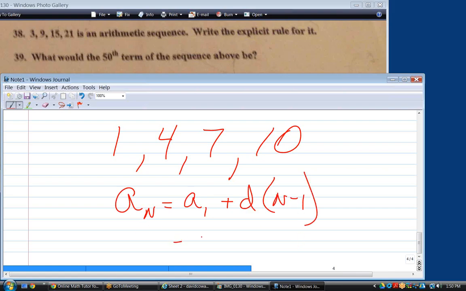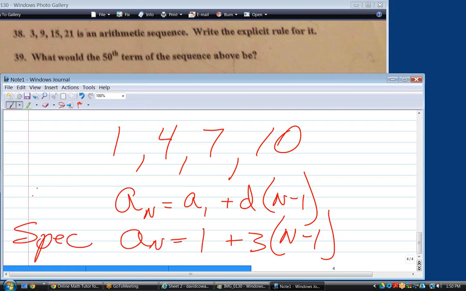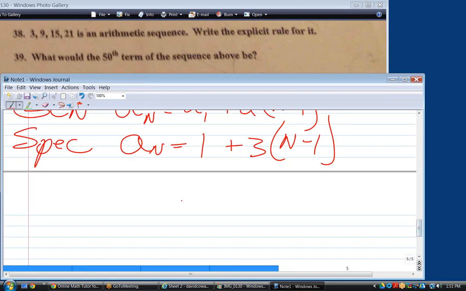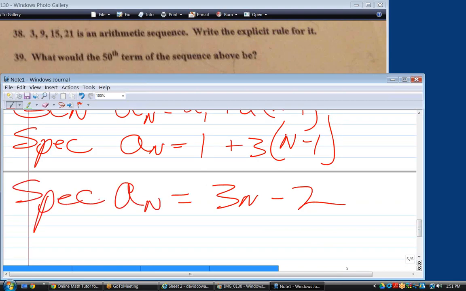Well, first term is 1, common difference is 3, so this is the specific. This is the general rule. And the specific rule I would be able to simplify into 3n minus 2. So the specific rule for that sequence would be this.